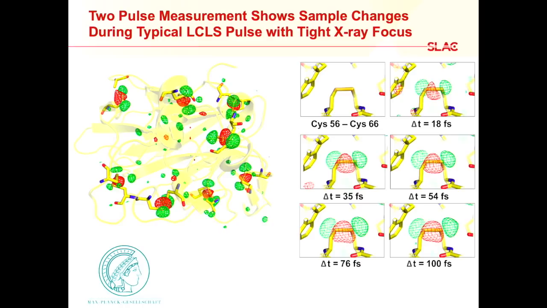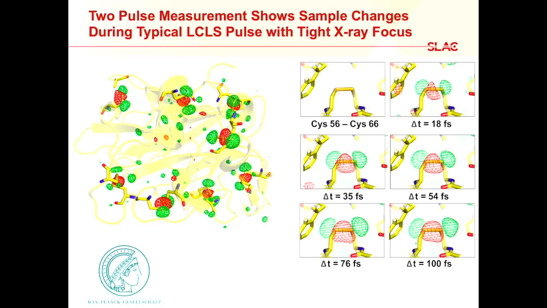And so this is what is shown here, where we see a 6-frame movie of what happens. This is what we see when we have no delay between the 2 colors, and this is what we see as we increase the time delay all the way to 100 millionth of a billionth of a second. And basically what is shown here is in green is where the electrons are, or where the sulfurs are, and in red is where they used to be, by making a difference between the 0 delay and the longer delay measurement.